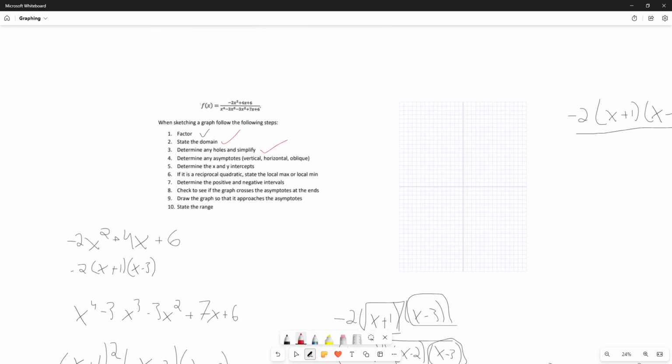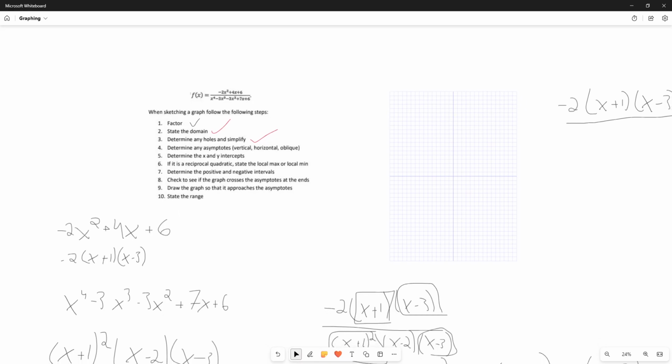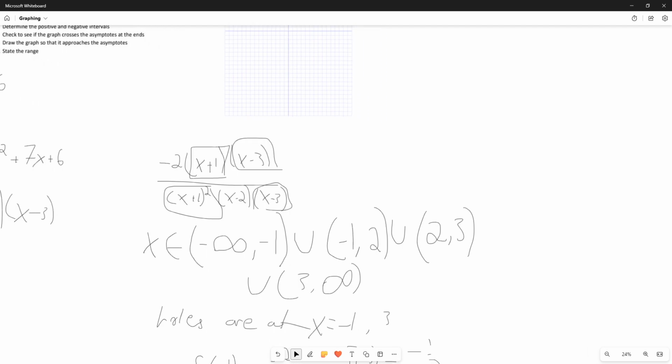Check that off and determine any asymptotes. So we'll start off with vertical asymptotes. After we completed the holes, we can start cancelling things off. Only the square is crossed off because we have 1 on top here and 2 on the bottom. So this becomes a 1, and this one gets crossed off.